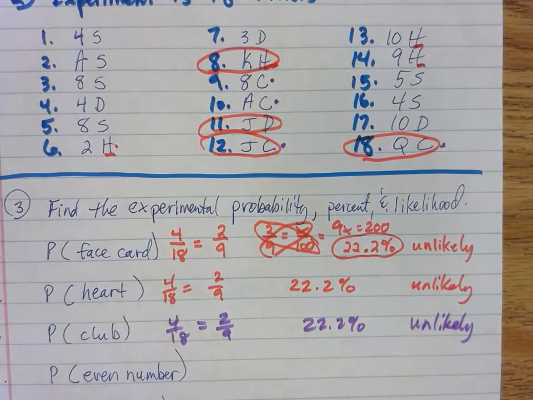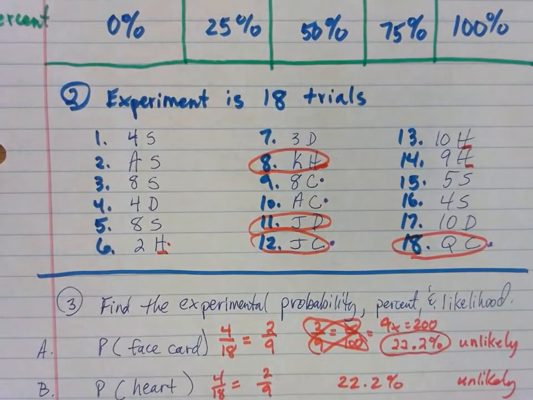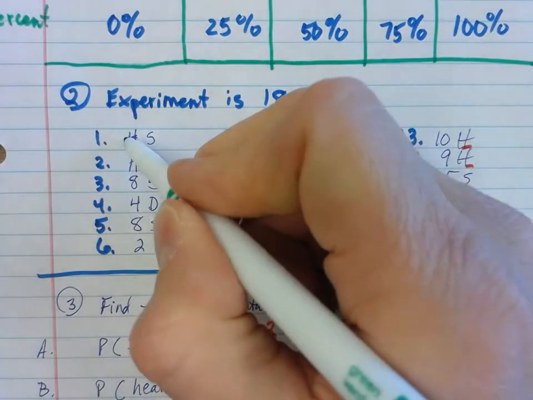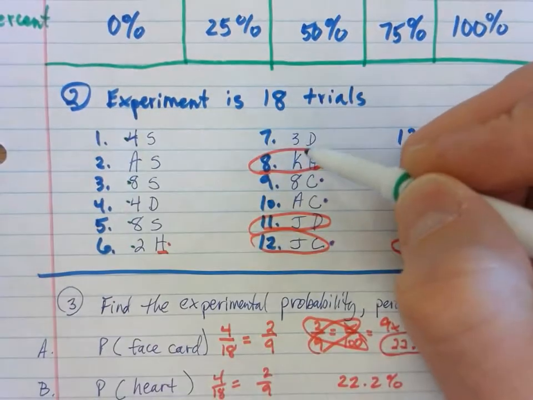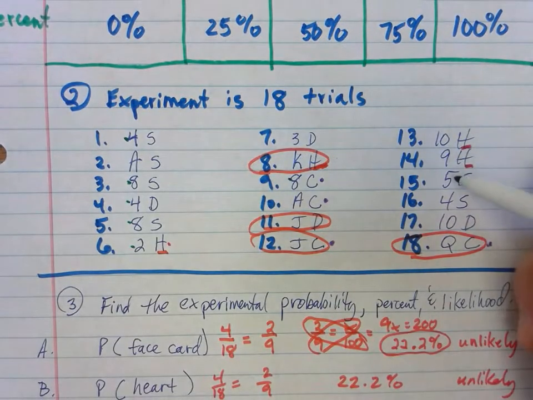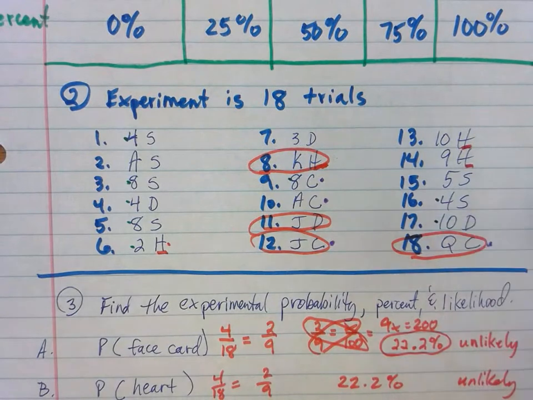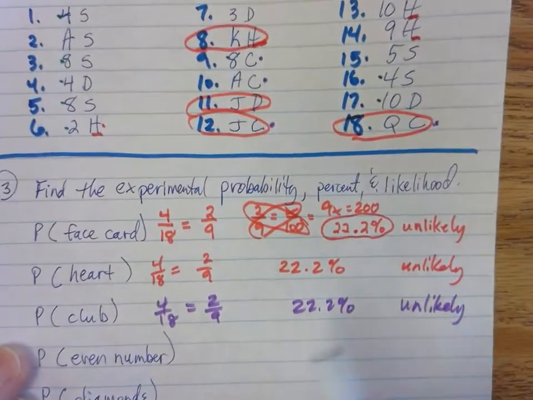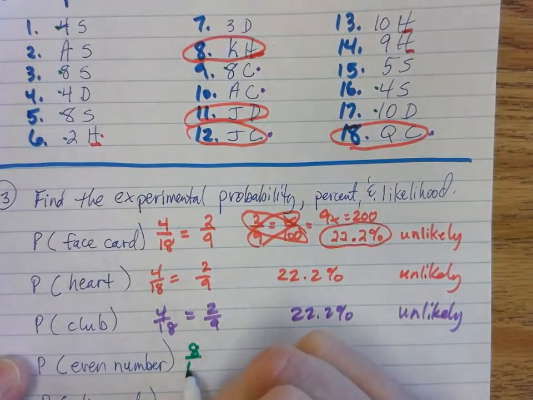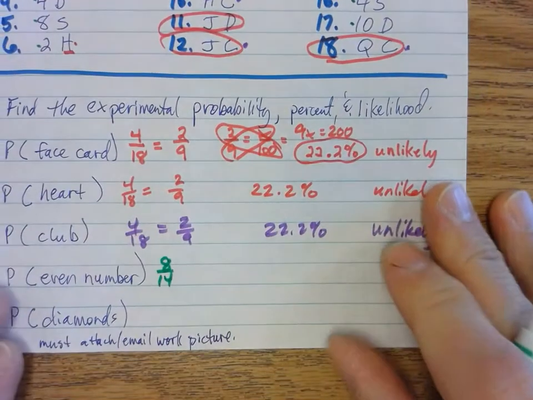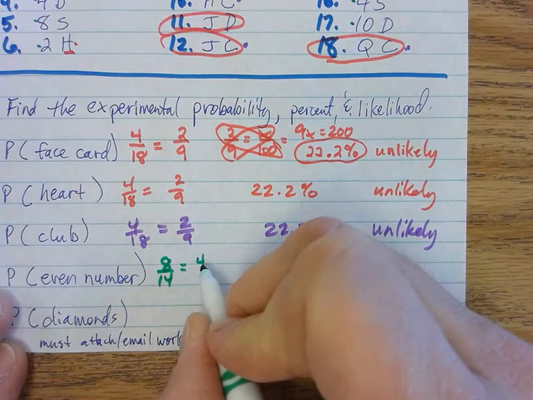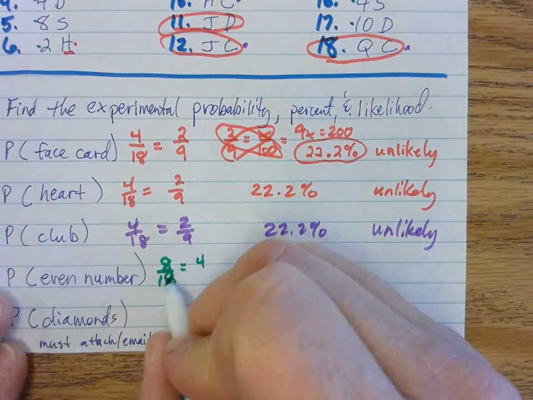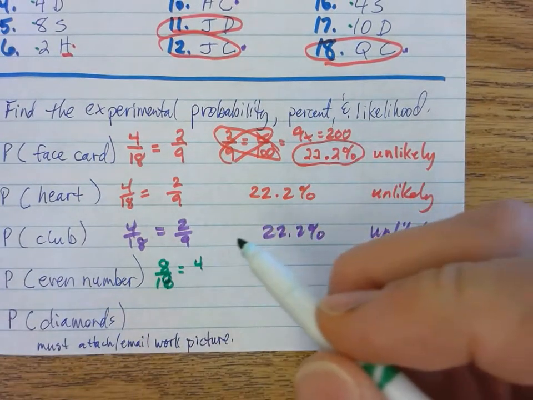All right, let's do even numbers. So we got a 1, there's a 2, 3, 4, 5, 6, 7, 8. So I got 8 even numbers. This one's going to be a little bit different. 8 even numbers out of 18.